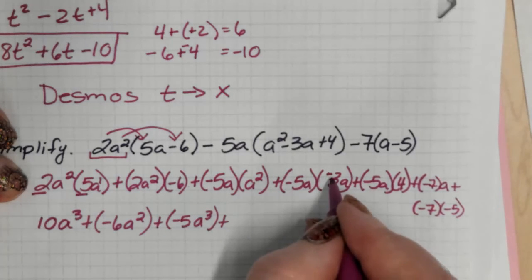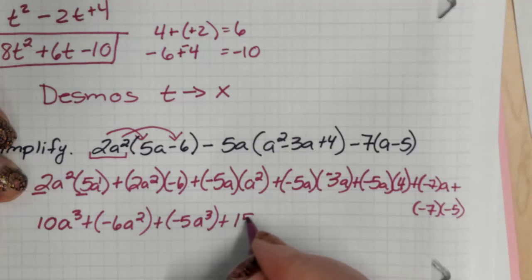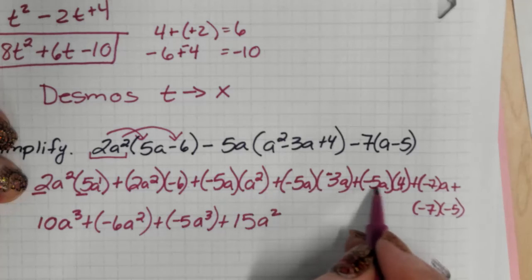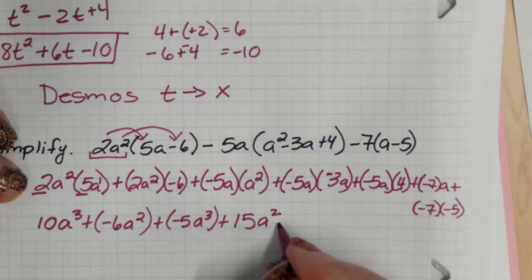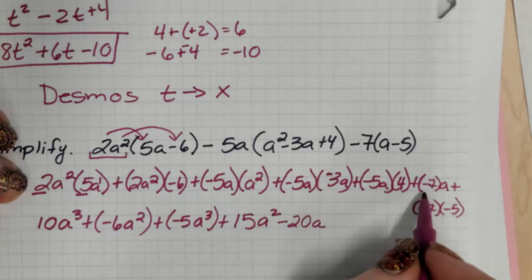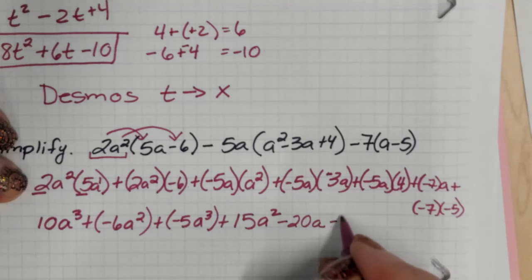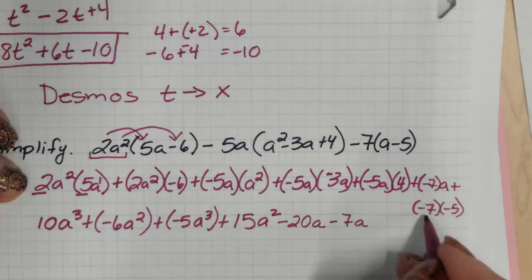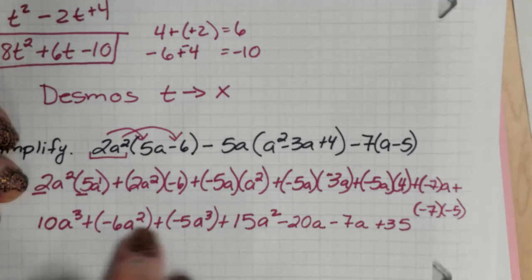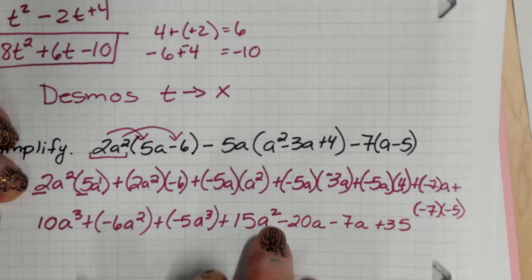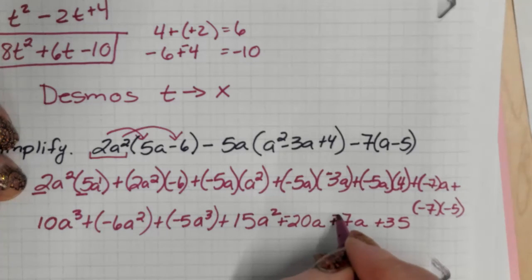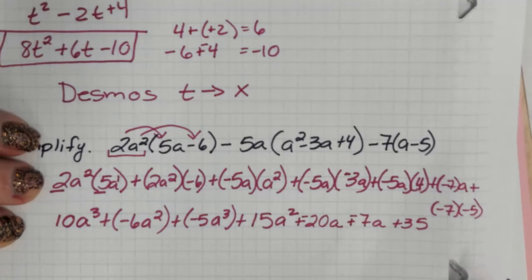Negative 5 times negative 3. 1a, 1a. Negative 5 times 4. And then just a. Negative 7a plus 35. Now I went from writing plus a negative, plus to writing minuses. Minuses and plus and negatives are the same thing. But I'm going to be consistent.